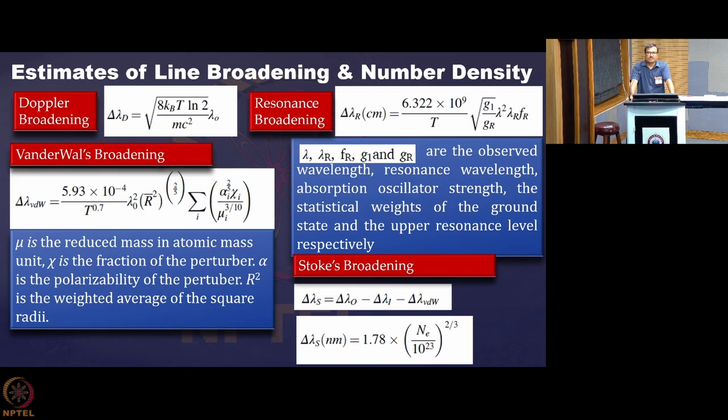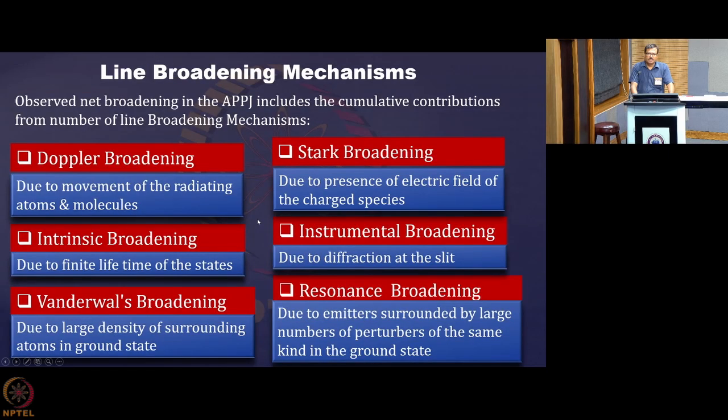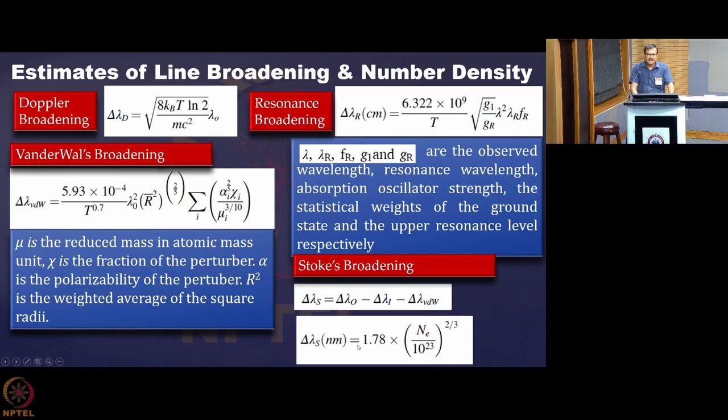So what you find is the net broadening contributed by the Stark effect, which is related to the number density as delta lambda S is equal to 1.78 into Ne by 10 to the 20, to the power 2 by 3.